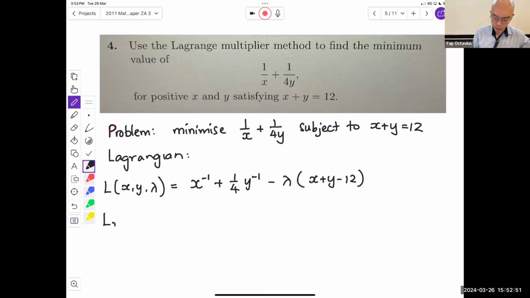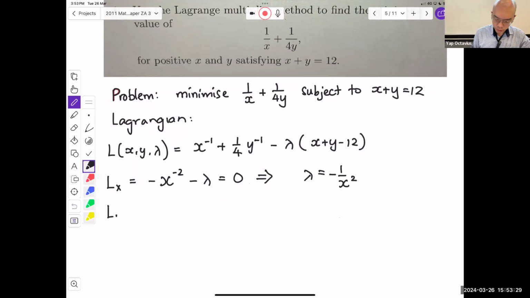Okay, with partial with respect to x, minus 1 over x squared minus lambda equals to, set it to 0, then straight away write down what this lambda is. Your lambda is equals to negative 1 over x squared. So that's one of them.